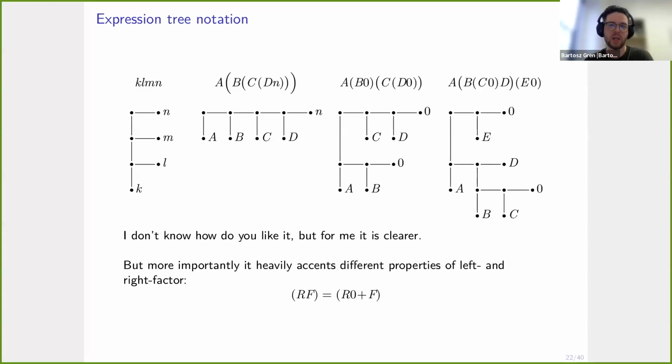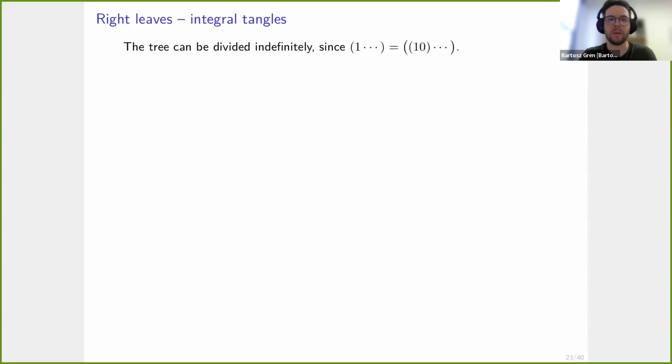So we could take any algebraic tangle and transform it into a canonical form, and then compare different tangles in their canonical forms. If they have the same canonical form, we would know that they are the same. But if they have different canonical representations, we would know that they are different. So the tree can be divided indefinitely, so we need to stop somewhere.